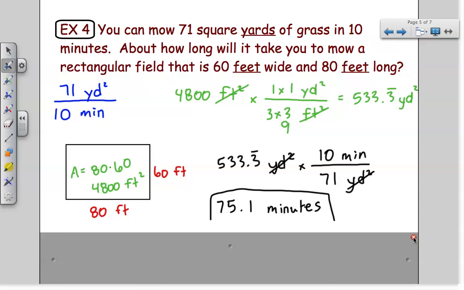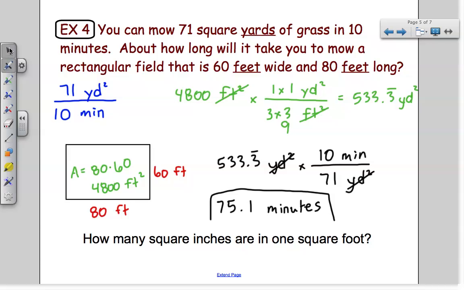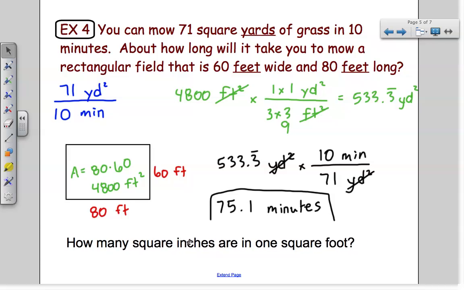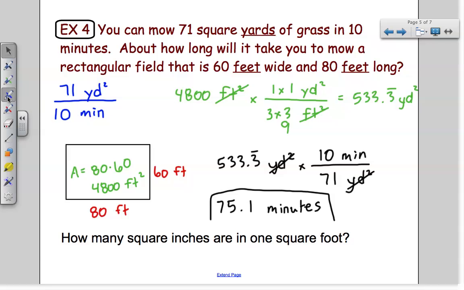I have one related question. We talked about the conversion between square yards and square feet in this example, and kind of a second example here. How many square inches are in 1 square foot? Well, if we're talking square inches, which would be 1 inch by 1 inch, and I want to know how many are in 1 square foot, you know that there are 12 inches in 1 foot, but 1 square foot is 1 foot by 1 foot.